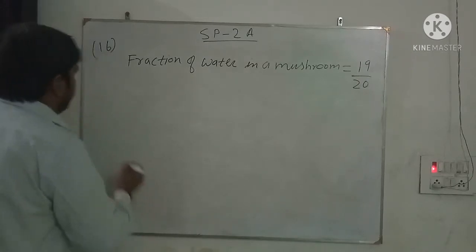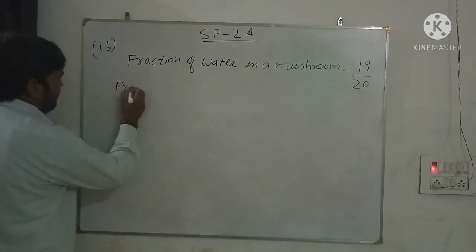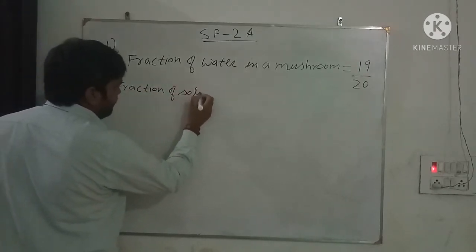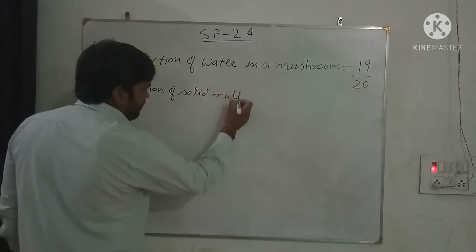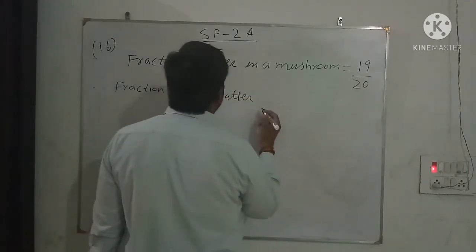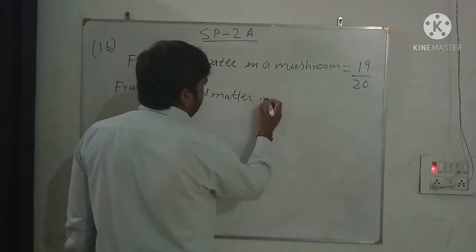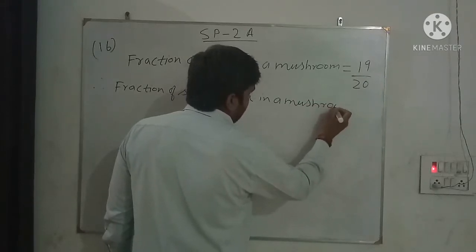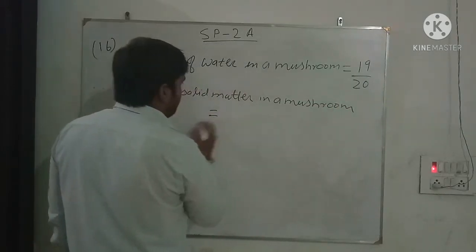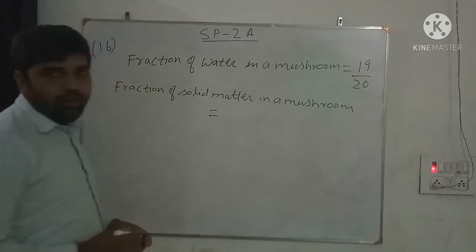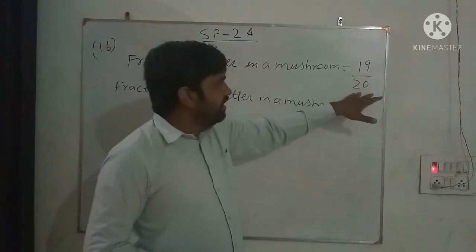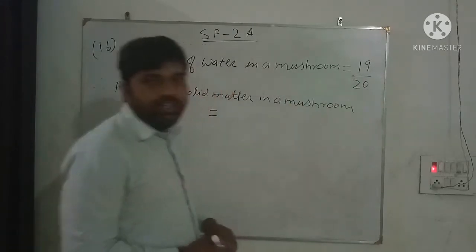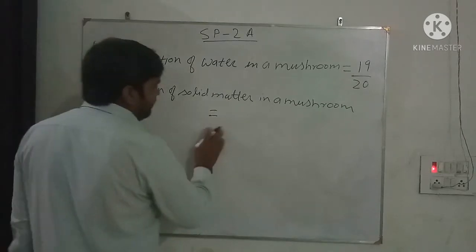Therefore the fraction of solid matter in a mushroom is what? From the whole. The denominator of a fraction represents the total parts of the whole. How many parts are there? 20 parts. So that we write 1.